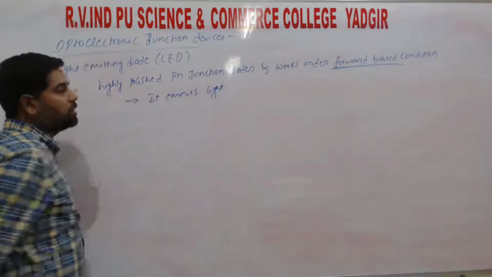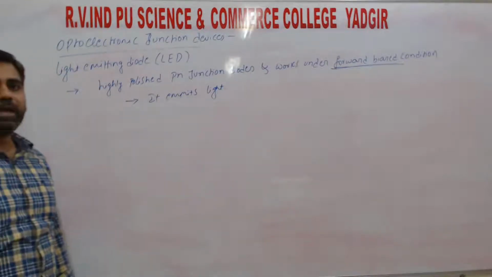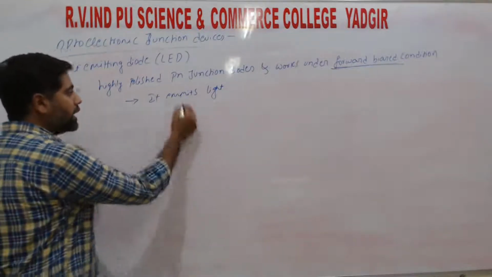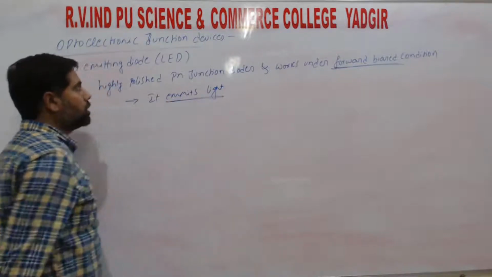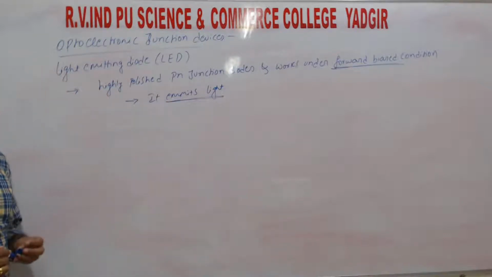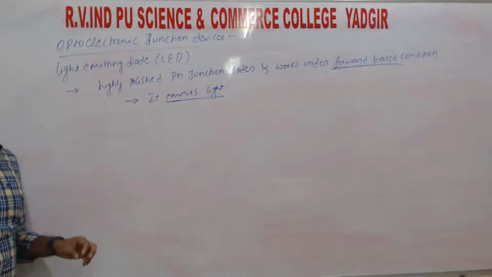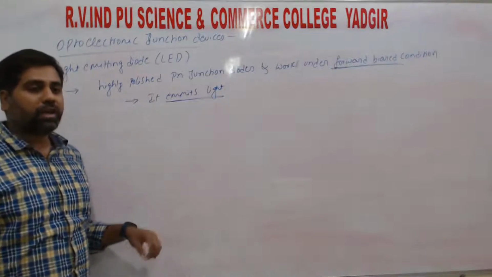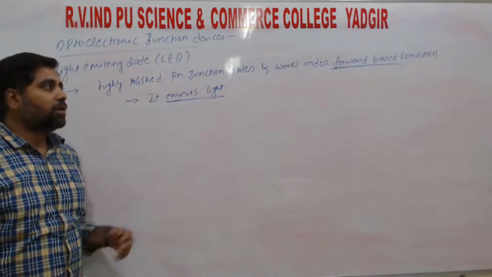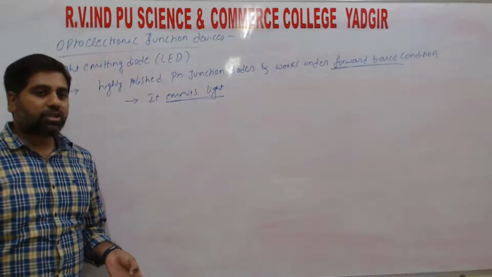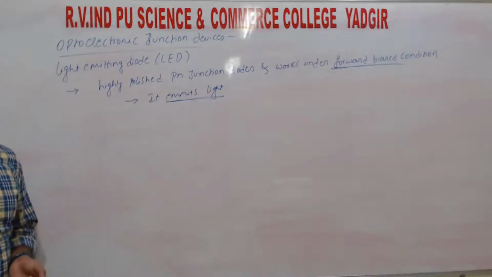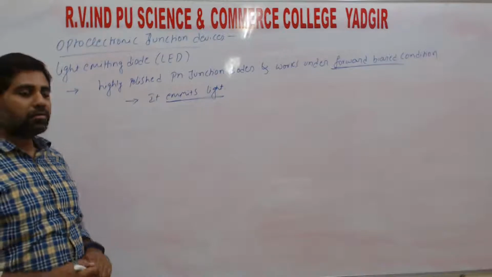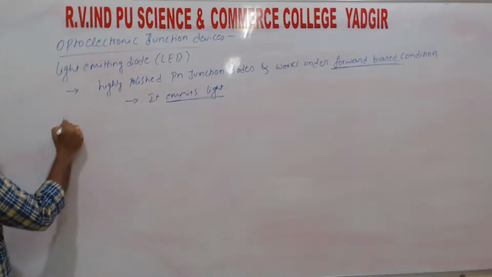This is the special feature of the light emitting diode. That means it emits light. So LEDs are highly polished PN junction diodes that work under forward bias and also emit light.